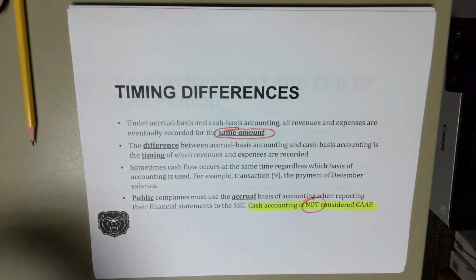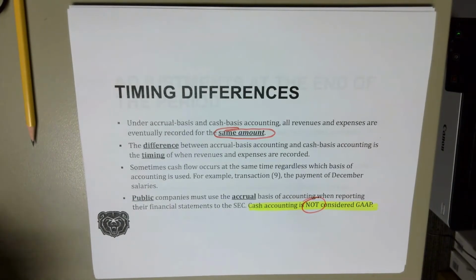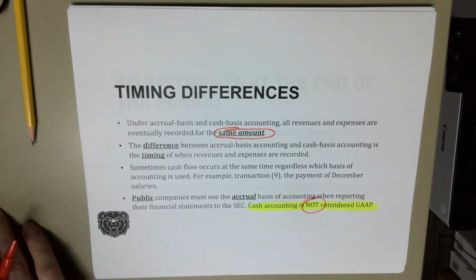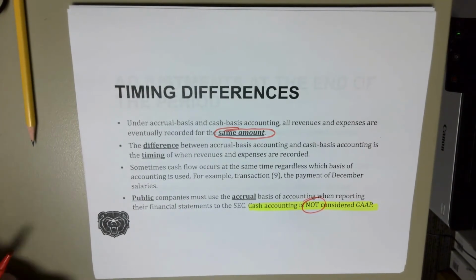Small businesses that end up having to report their financial statements, typically for tax accounting purposes, end up paying a lot of money to accountants to come in and convert their cash accounting systems into an accrual basis of accounting.